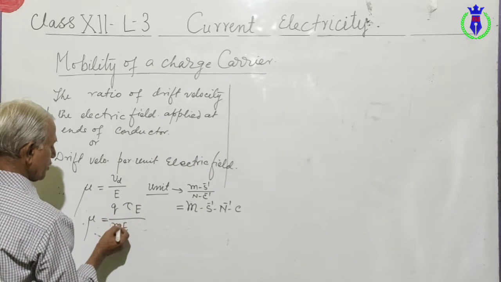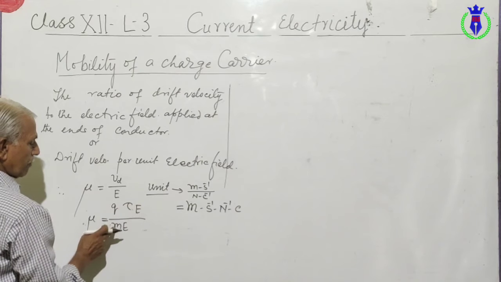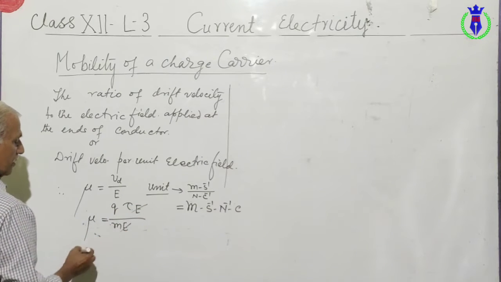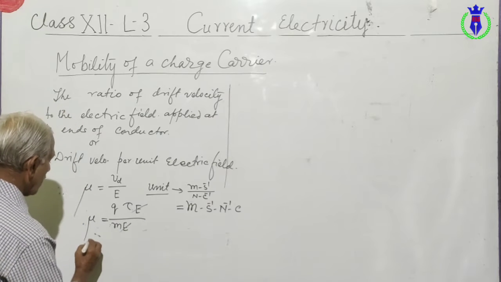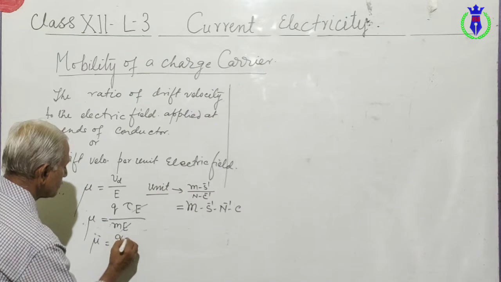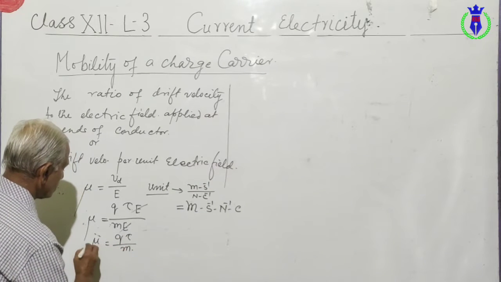This is the value of Vd. Vd की वैल्यू है Q tau E upon m, और नीचे भी E है, ये कट जाएगा। इसलिए value of mobility comes out to be charge tau upon m.